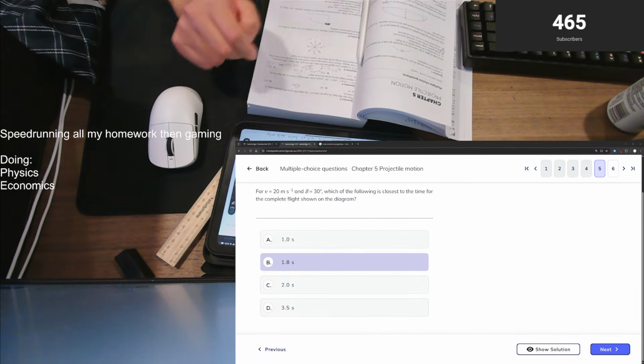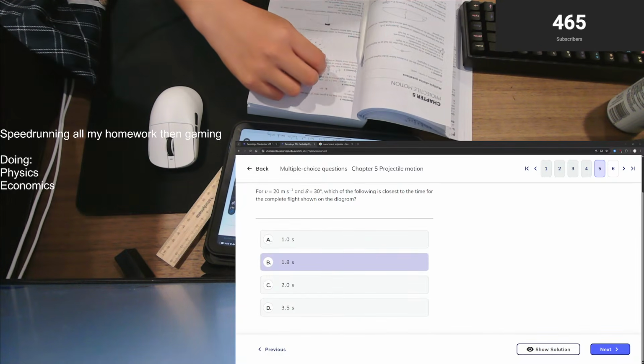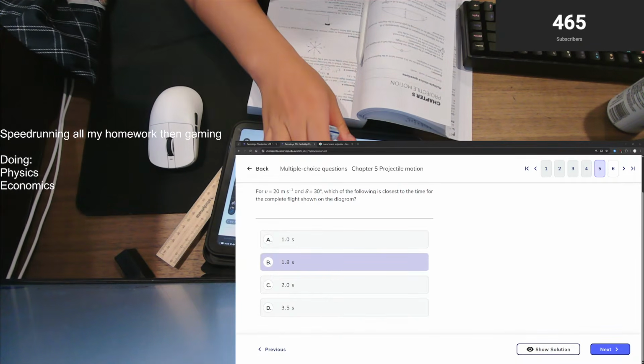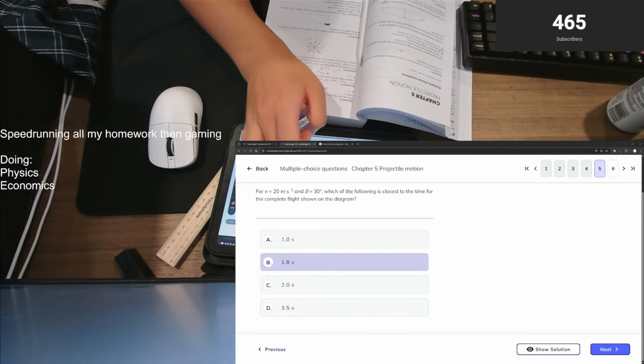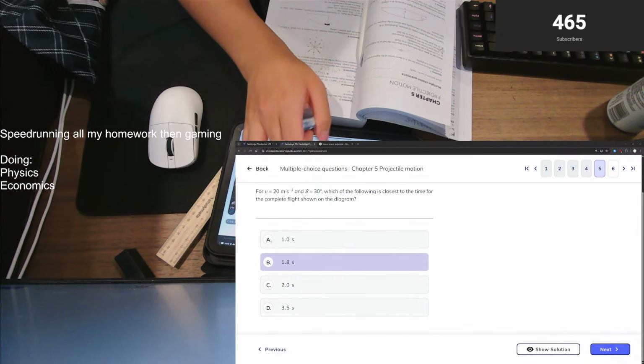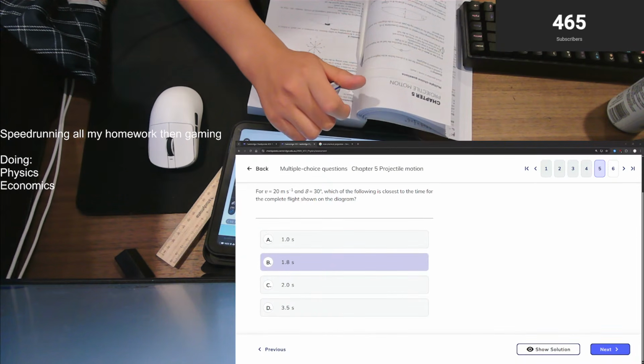Why do you divide by the acceleration? Why? None of these formulas tell me to divide by the acceleration. Yeah. So why do you divide by the acceleration?